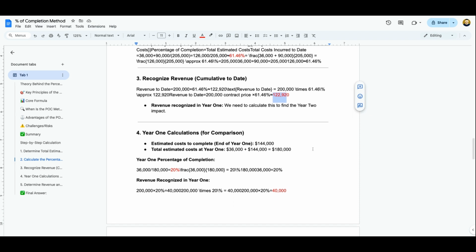And the year one calculation for comparison: the estimated cost to complete in year one is 144,000. The total estimated cost of year one is 36,000 plus 144,000, which gives you 180,000 total. How we get 36,000 is the cost incurred in year one, which the question will tell you.